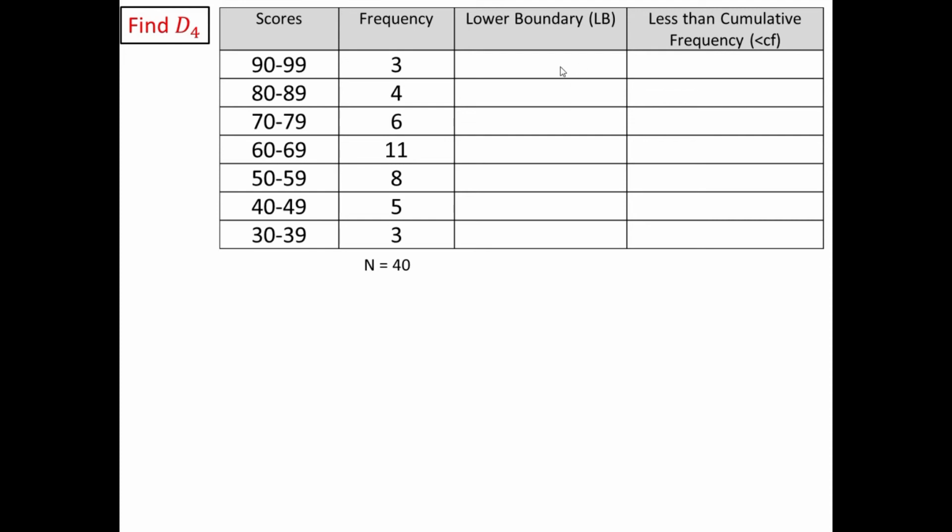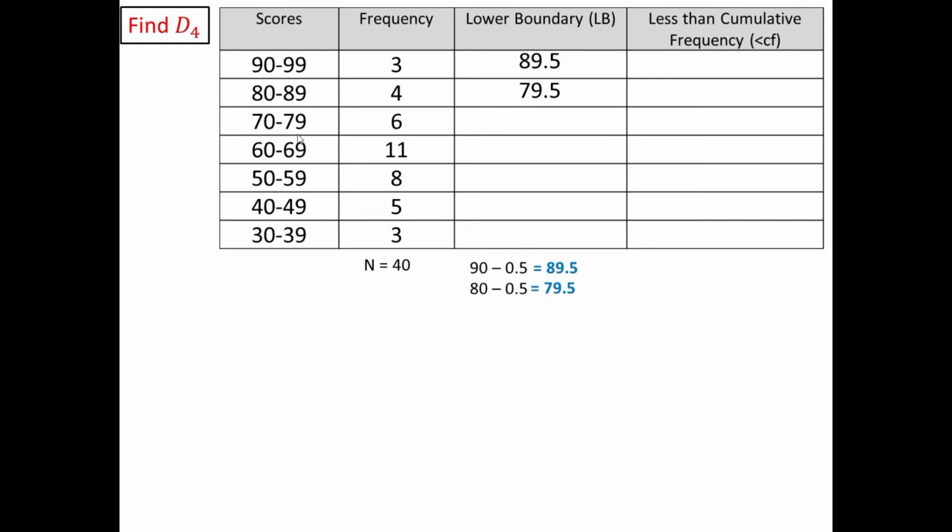Computein natin ang lower boundary. Sa pag-compute ng lower boundary, again, kukunin natin yung mga lower limits. Ma-minusan lang natin siya ng 0.5. So 90 minus 0.5 is 89.5. Yun yung lalagay mo dito. Next, 80 minus 0.5, that's 79.5.